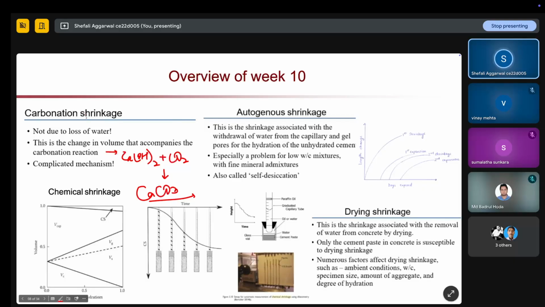Another type of shrinkage is chemical shrinkage. Chemical shrinkage is mainly due to the hydration process.